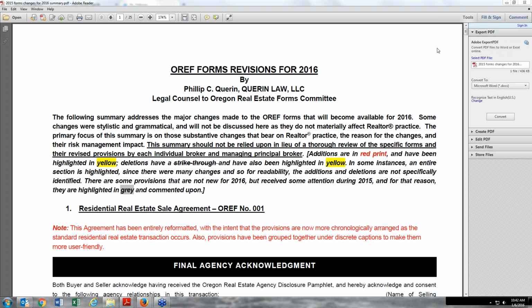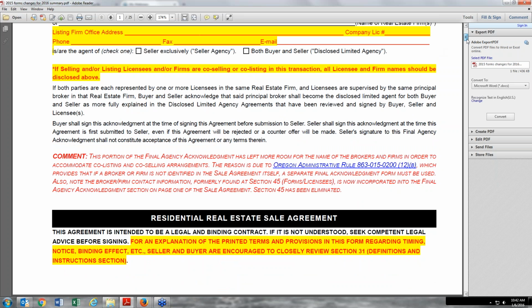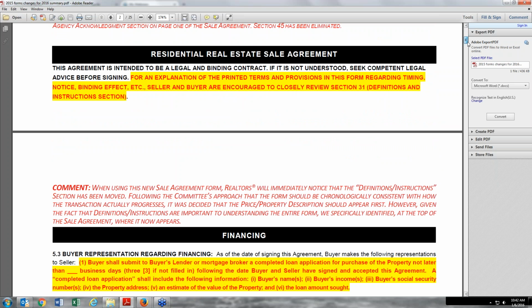I think, yeah, down at the bottom of the page, where the black bar reads residential real estate sale agreement, you're going to see something that's a little bit different. And this is by way of explanation. The Forms Committee decided to rearrange the sale agreement so that the provisions are addressed more consistently with how the sales transaction rolls out.